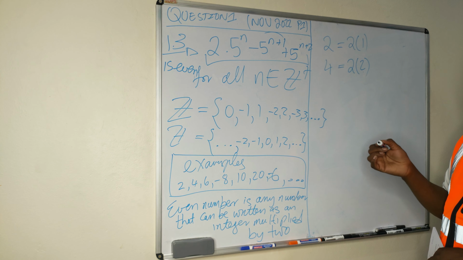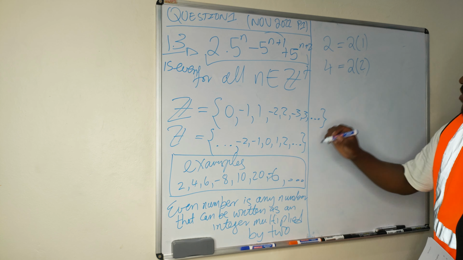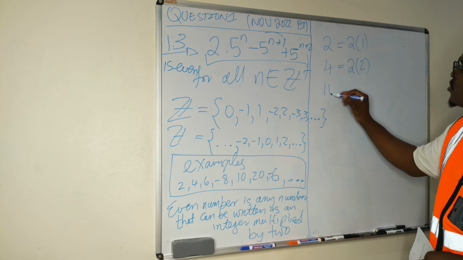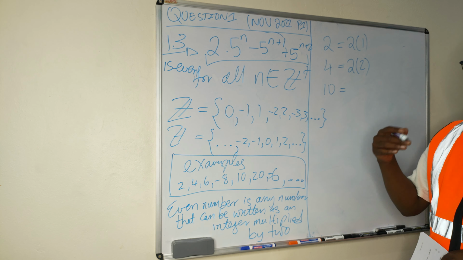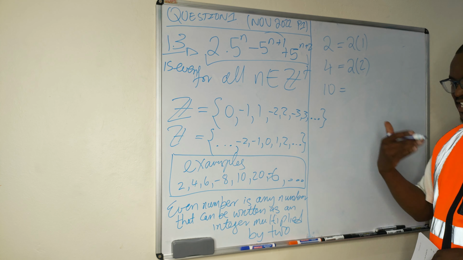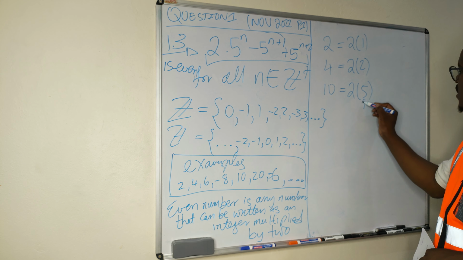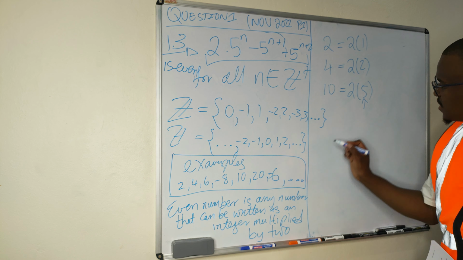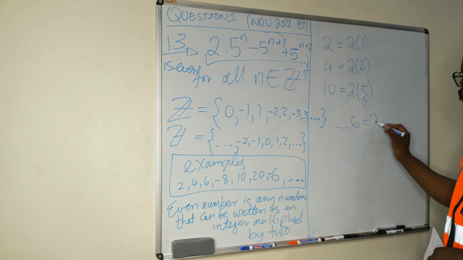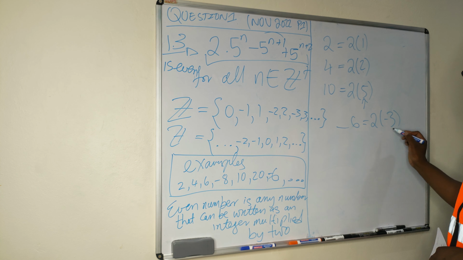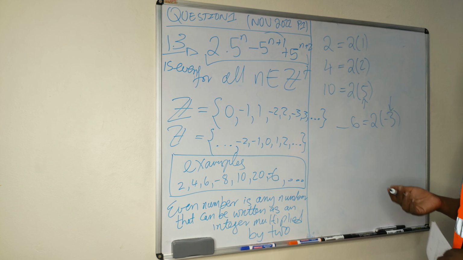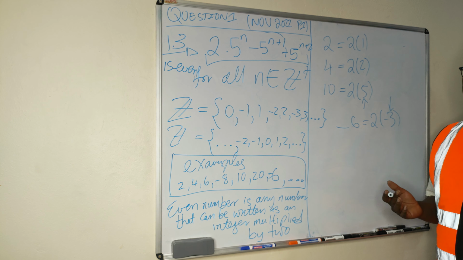Take 10. 10 is also even because it can be written as a product of an integer and 2, which means 2 times 5. This is our integer in this case. Take minus 6, which is equal to 2 times minus 3, and this is an integer. So this is what an even number is.